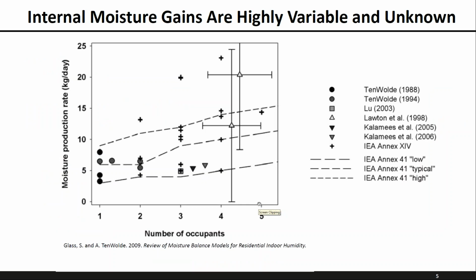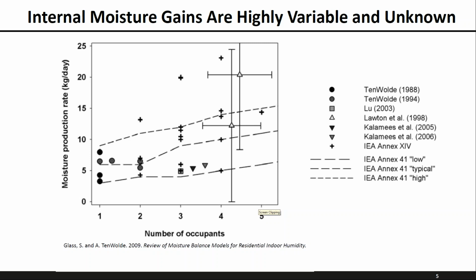So I don't think I really need to spend too much time to talk about how internal moisture gains are highly variable. And so this is a plot that we took from a paper a few years ago by Sam Glass, looking at the variability in measured internal gains, and those are indicated by the different points on this plot as a function of the number of occupants.